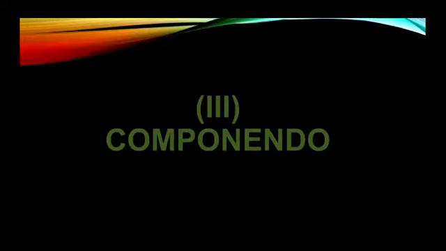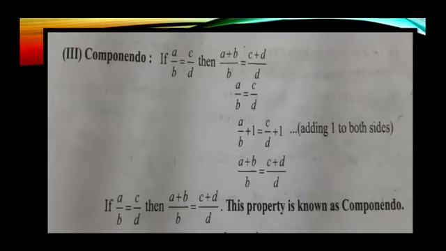The third property is componendo. If A upon B is equal to C upon D, then A plus B upon B is equal to C plus D upon D. So we are writing A upon B is equal to C upon D. We are adding 1 to both sides of this fraction.